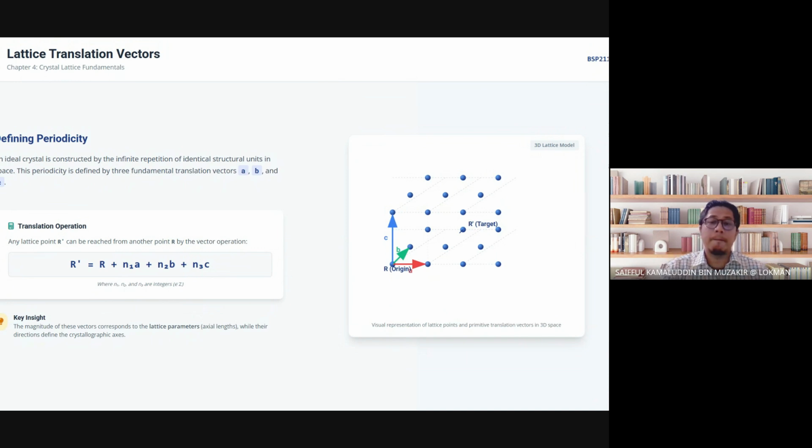Later, the same concept we will reconstruct from the diffracted wave of X-ray into reciprocal lattice. From that construction, we could predict what kind of crystals are there actually in the real space, right? So let us take a look at the next slide.